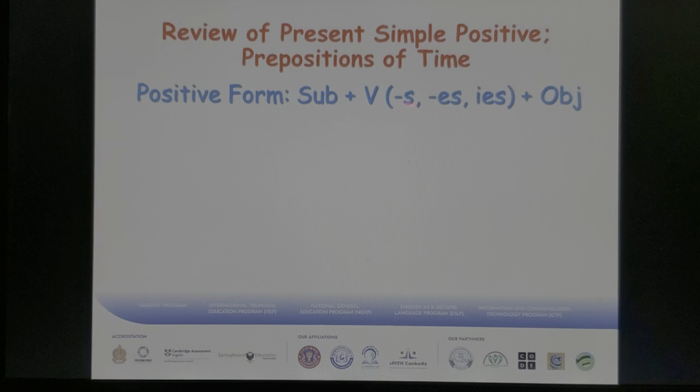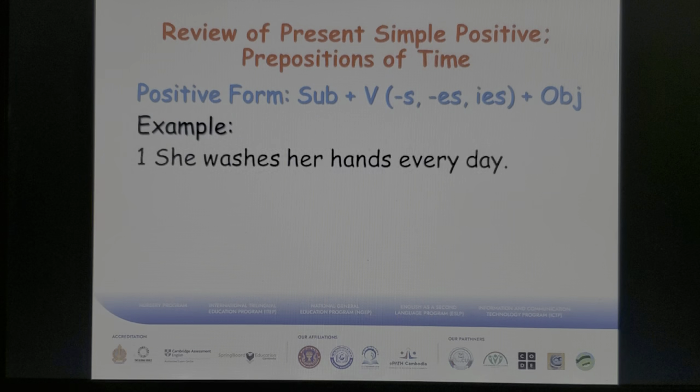But s, es or ies is added whenever the verb is used with subject he, she, or it. But with I, you, we, they, the verb, okay, no need to add anything. So for example: she washes her hands every day. She washes her hands every day.